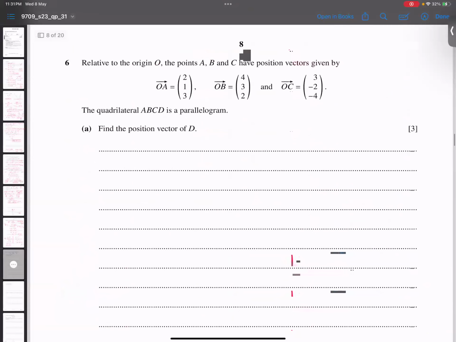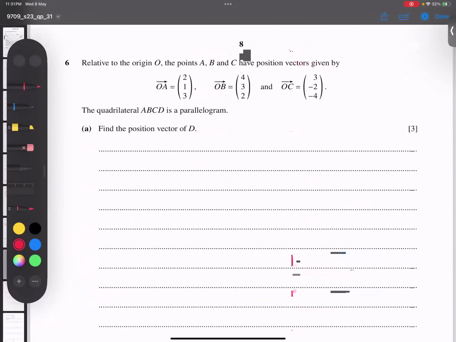Question number 6 we have, students. Question number 6, what we have? OA given, OB given, OC given, right? He said ABCD is a parallelogram. So if I show a rough diagram, just a rough one, copy, paste, copy.